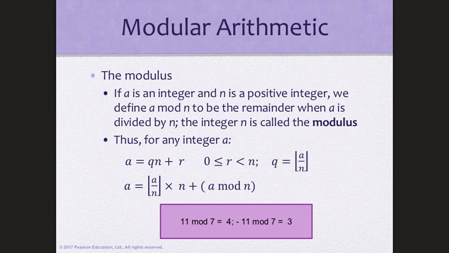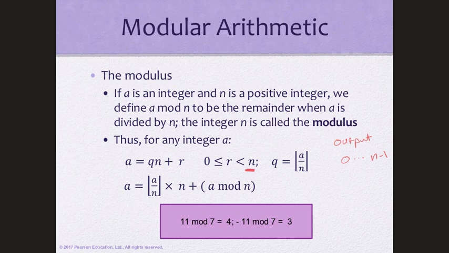So the output of the operation is always limited. Any operation in modular arithmetic will result in an output in the range of 0 up to n minus 1, where n is called the modulus of our arithmetic operation.